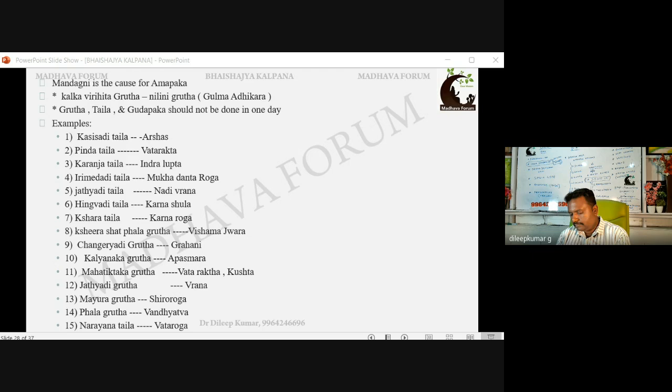Especially in menstrual colic also we can use Ingvastaka Churna. It is the best Vatanulomaka Dravya. We use it in renal colic, renal calculi and abdominal pain, indigestion and abdominal pain, menstrual cycle with abdominal pain, dysmenorrhea. In all these cases, any sort of abdominal pain below the epigastrium, we can rely on Ingvastaka.